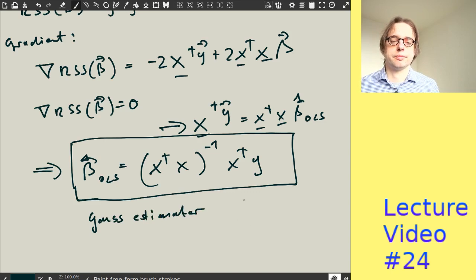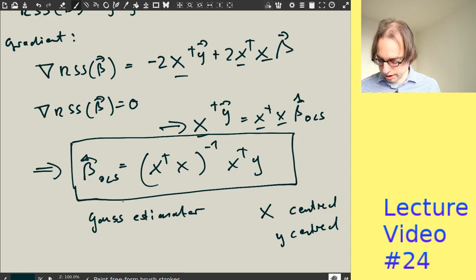And when x is a centered data matrix, so x centered and y centered, then this is the estimate of the regression coefficient, and this estimate minimizes the mean squared error.